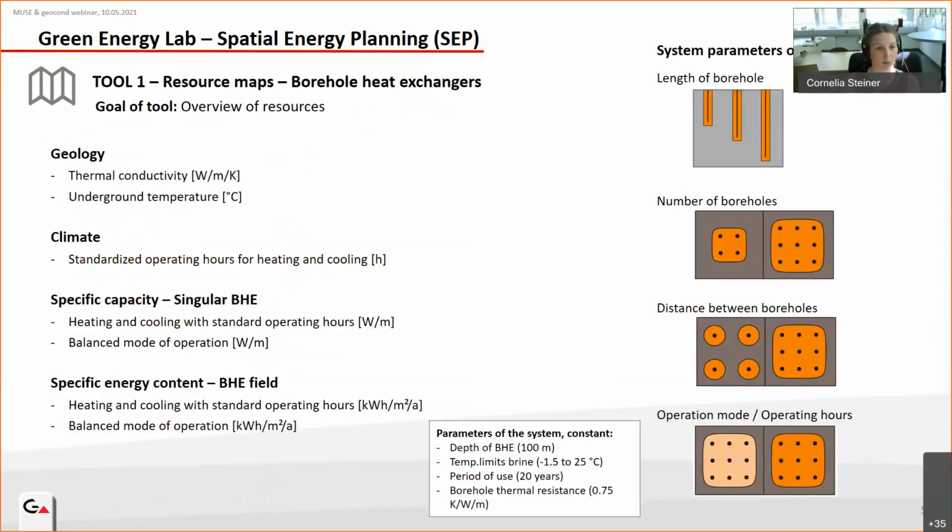And the second one is a balanced mode of operation where the borehole heat exchanger is essentially used as a storage. So it is used for the same amount for heating and for cooling. And for the energy content, we went for a borehole heat exchanger field with the same modes of operation. So also with standard operating hours, and the second one with the balanced mode of operation.